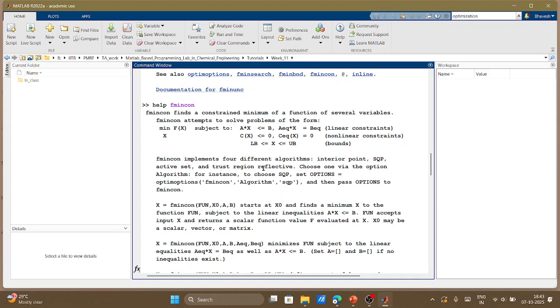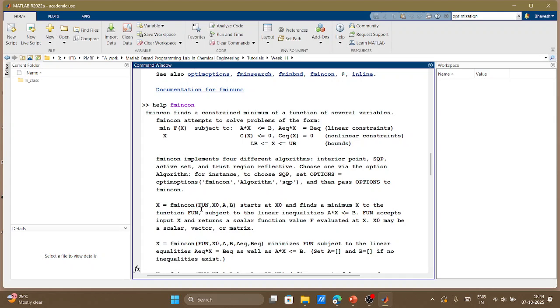Now the form in which you provide your constraint is very specific, right? This is the equation that you have to follow: you have your inequality constraint, which is Ax less than or equal to b, then Aeq x equal to beq, which are linear constraints. Nonlinear constraints are given in the form of c, and then bounds on your variables, right?